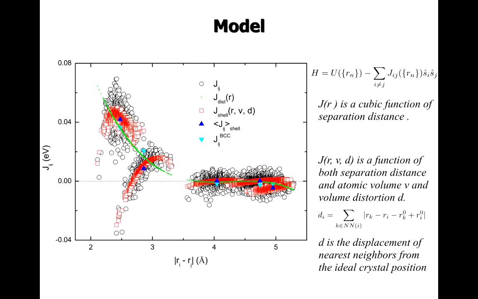So in a sense, not only where the two interacting atoms are, but what their environment looks like. So from these calculations we can come up with a fit that represents these interactions quite effectively, and you see that in the form of these red squares.